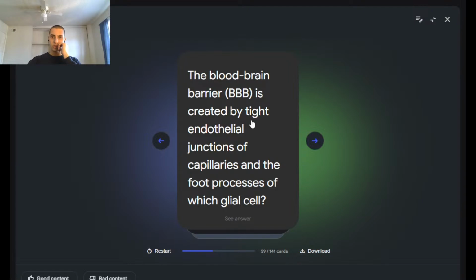The blood-brain barrier is created by tight endothelial junctions of capillaries and the foot processes of which glial cell? Astrocytes. Yeah.